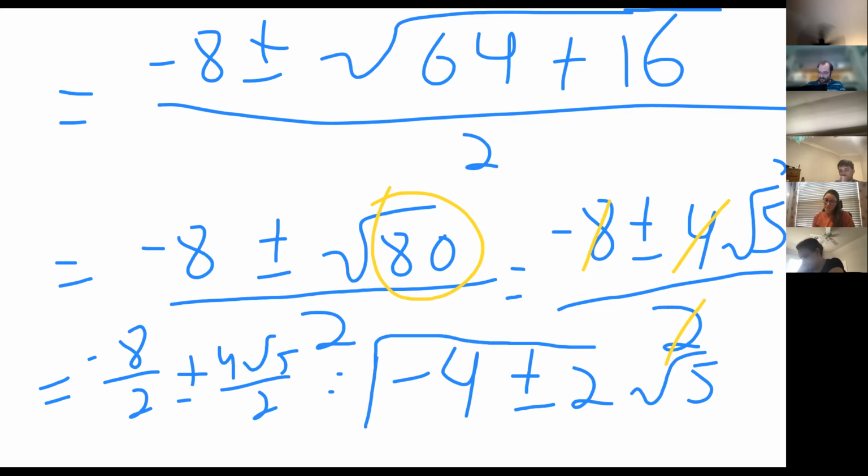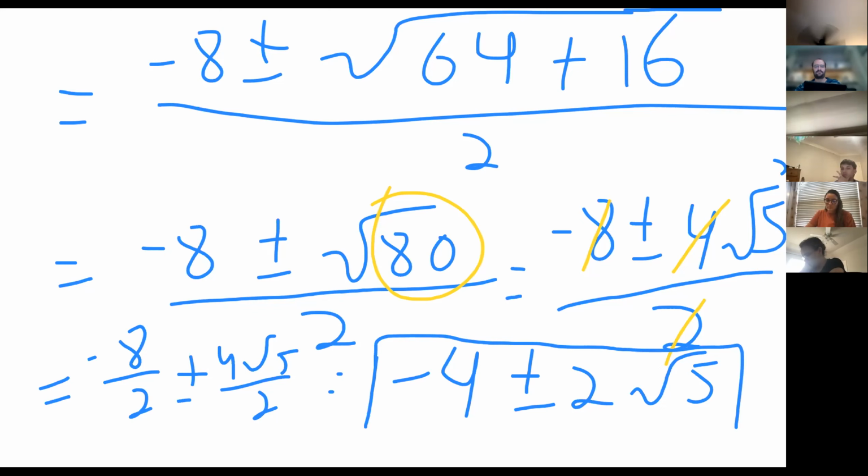So this thing right in here. If you wanted to write it as two separate things, like -4 plus 2√5, -4 minus 2√5, that's fine as well. So how many solutions is that? 2.